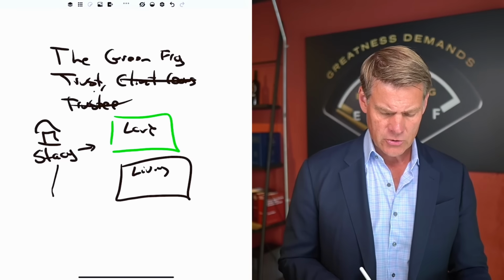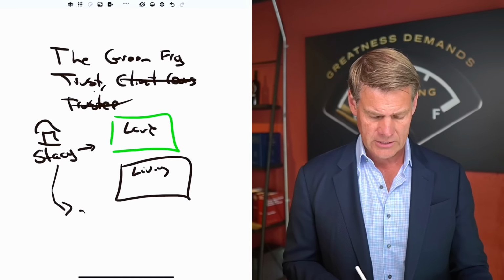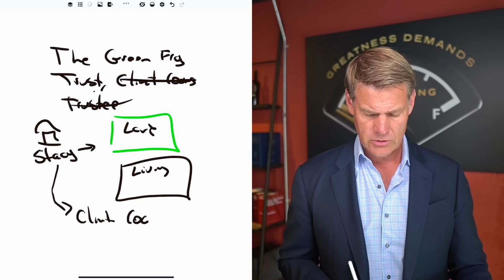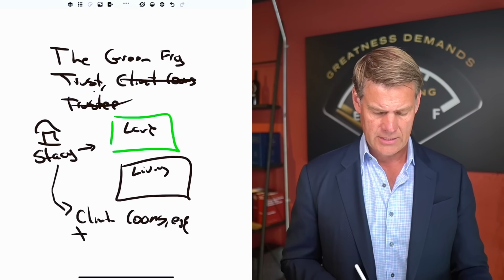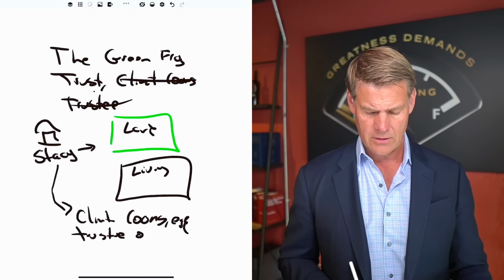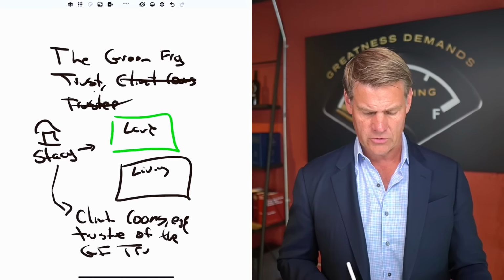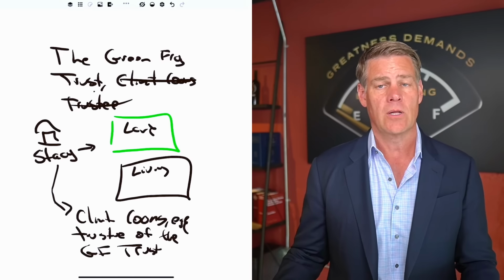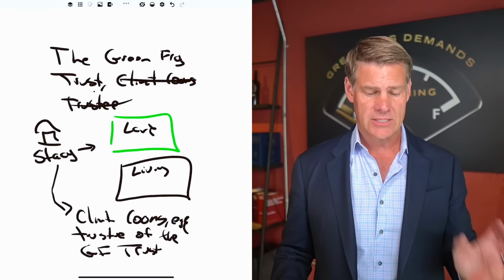So Stacy would then transfer the property. Let's say we're using it the first way, and I was serving as trustee: Clint Coons, Esquire, trustee of the, I'm just going to put GF Trust, Green Frog Trust. And then you have the trust date as well on there. So she would transfer from her name to my name as trustee of the trust.